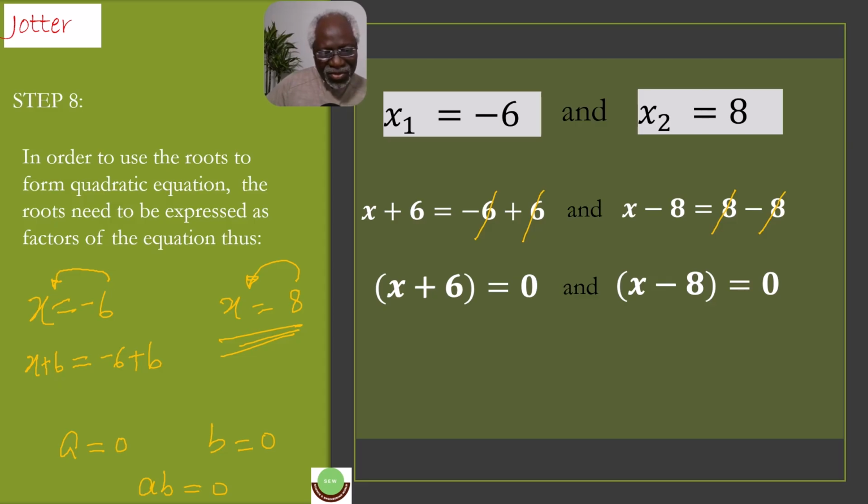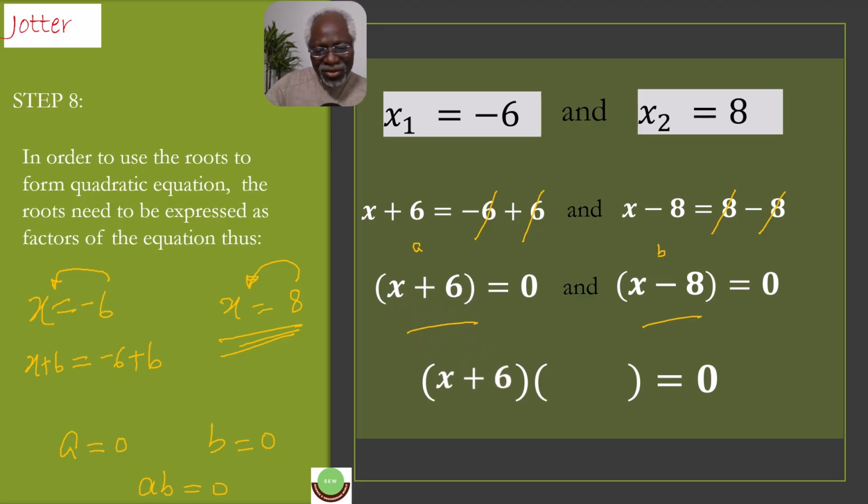So in that case, we can combine this and this together. So this can be our a here and that will be our b there. And so when we bring them together, it's going to be a times b. So our a will come there and our b will come there. So we have these two factors.